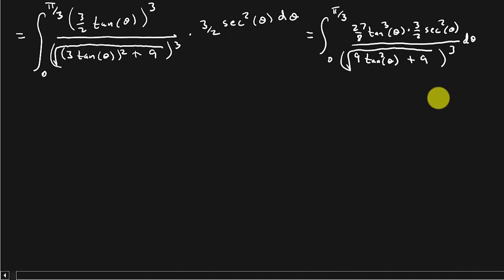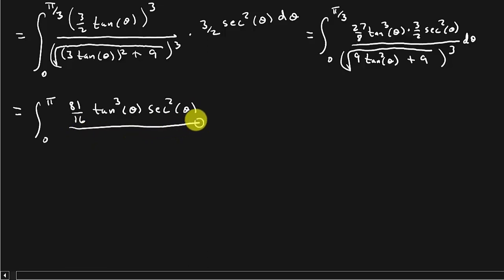All right, so let's simplify this a little bit. So that's going to be 0 to pi over 3. Okay. If I multiply this up here in the numerator, that's going to be 81 over 16 tangent cubed theta secant squared theta over, now I'm going to factor out a 9, so that's going to give me the square root of 9 times what?